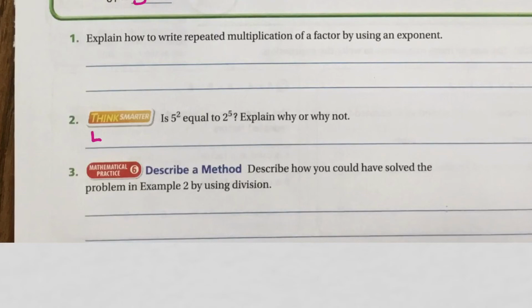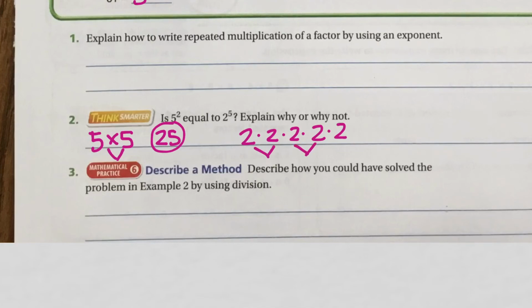So what I'm doing is 5 to the second means 5 times 5, which is what? 25. And then I'm saying 2 times 2 times 2 times 2 times 2, which I get 4 times 4 times 2. And 16 times 2 is 32.